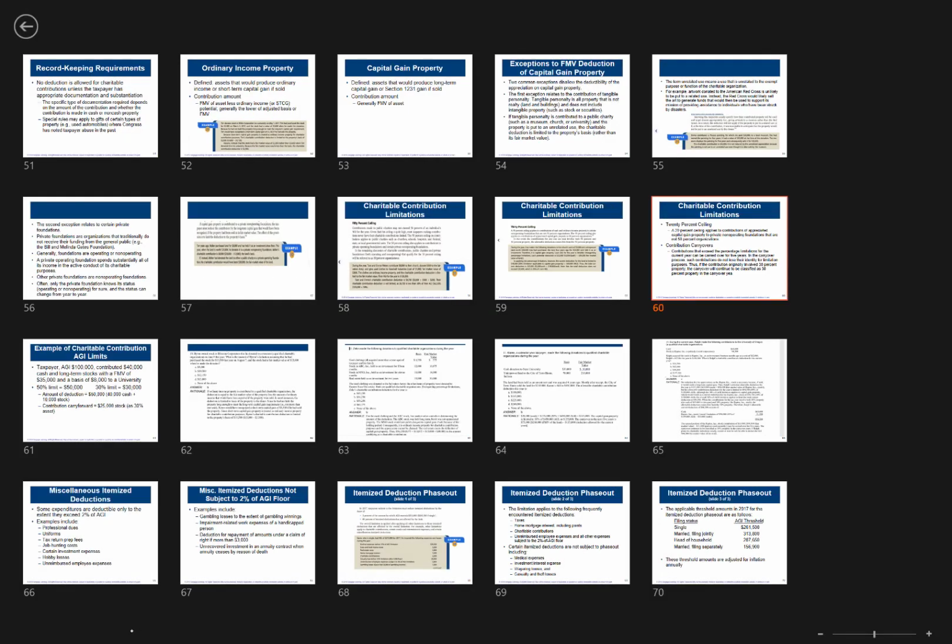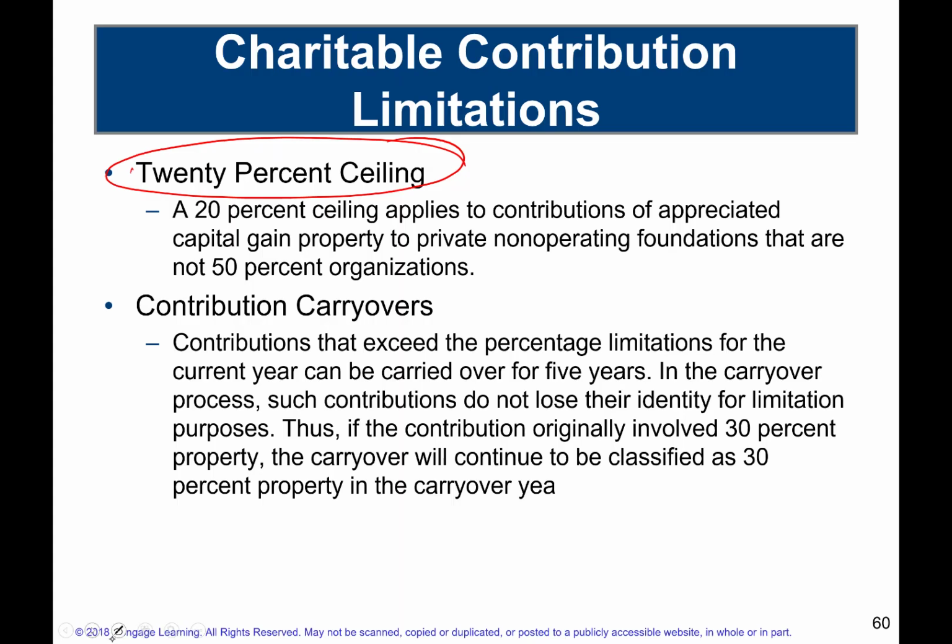But we still have a 20% limitation category. Okay, now what happens here? The 20% ceiling applies to capital gain property given to private non-operating foundations, those that are not 30%.